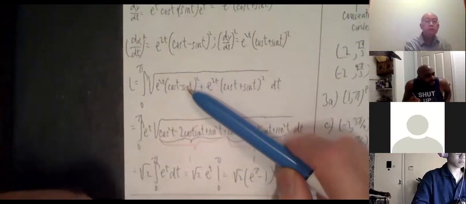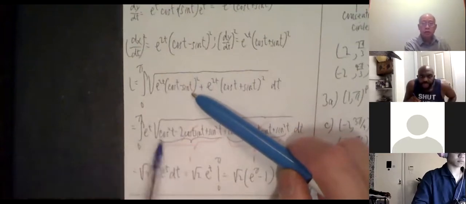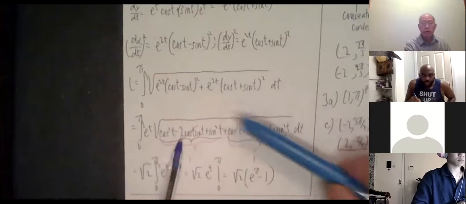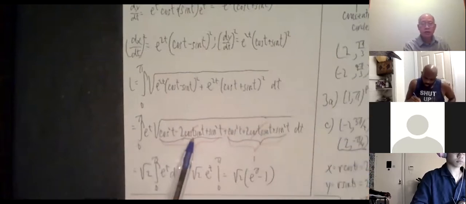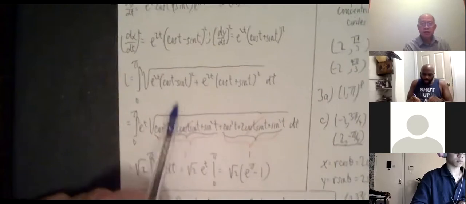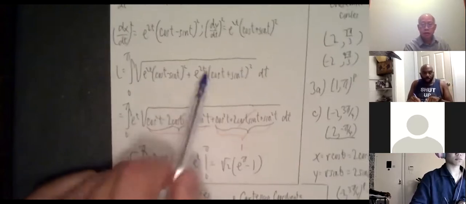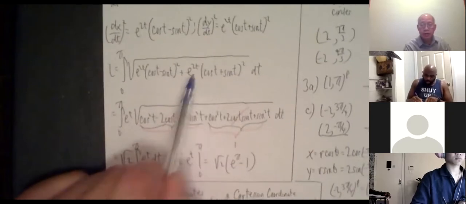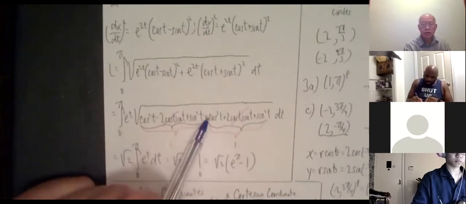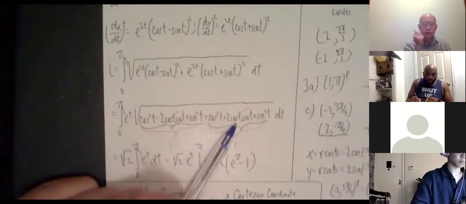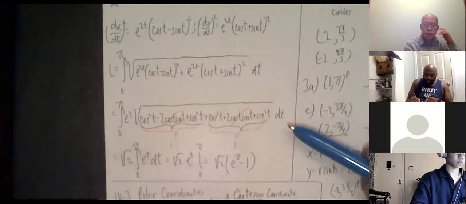Okay, square this. Cosine squared t minus 2ab, minus 2 cosine t sine t, plus sine squared t, plus square this guy. E to the 2t is already gone. Cosine squared t plus 2ab is 2 cosine t sine t plus sine squared of t.